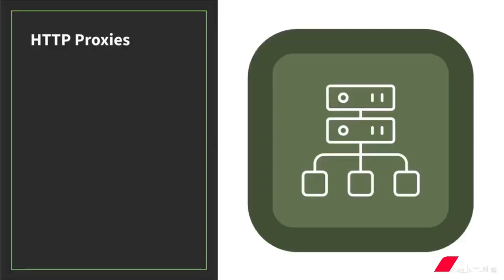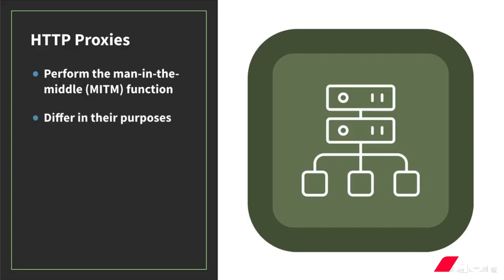Hypertext Transfer Protocol, or HTTP, proxies perform the same function as man-in-the-middle attack tools like ARP spoof. The biggest difference is their purposes. Unlike their malicious peers, HTTP or web proxies exist to increase security.